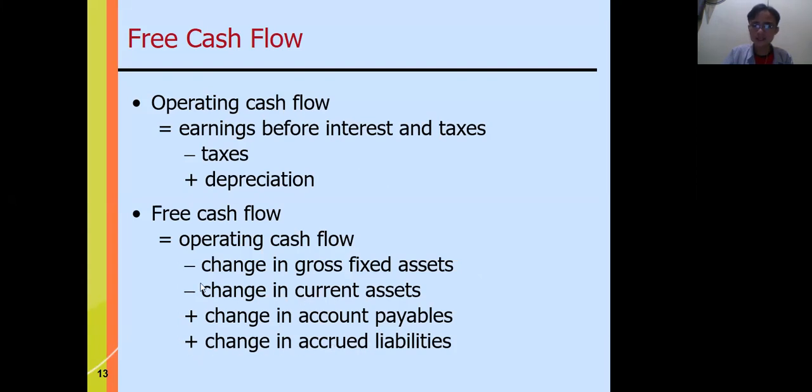So basically, we are going to deduct changes of all assets, and then we are going to add back changes of current liabilities because we are looking into accounts payable and accrued liabilities.